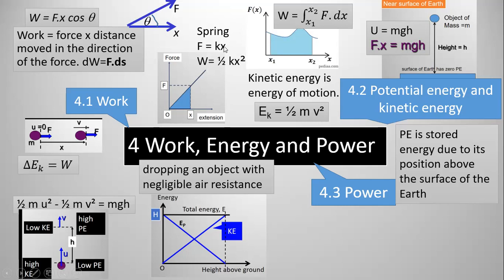And for a spring, our force equals kx. K is your spring constant. And the energy stored in a spring is half kx squared. Then we have the derived formula for kinetic energy and the formula for potential energy.